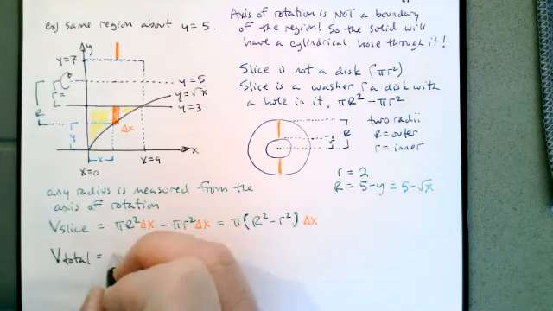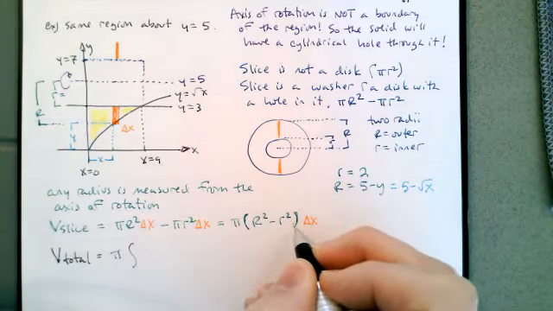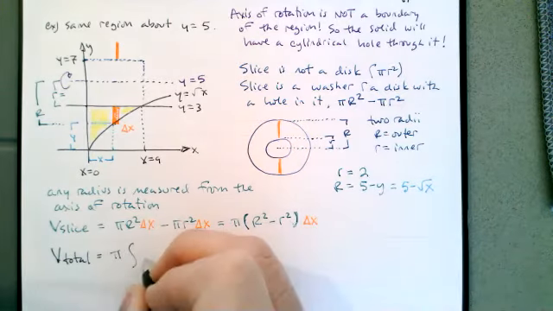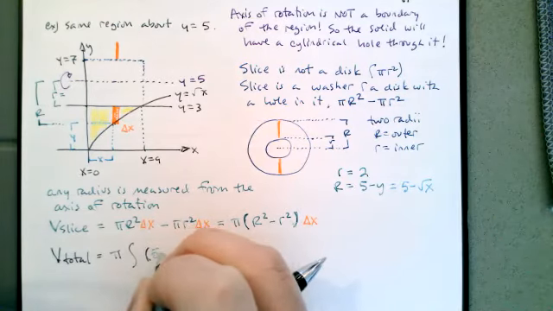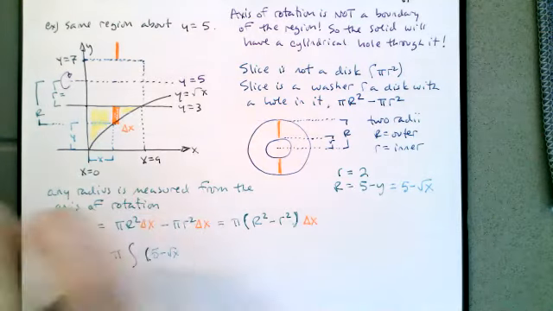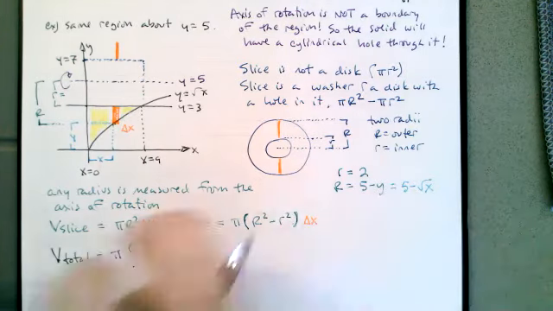Let's factor out the pi like we did before, and we're going to integrate big R squared minus little r squared. Big R is 5 minus the root x. That has to get squared because it's big R squared, and little r squared is just 2 squared.